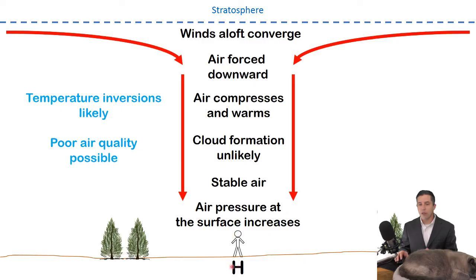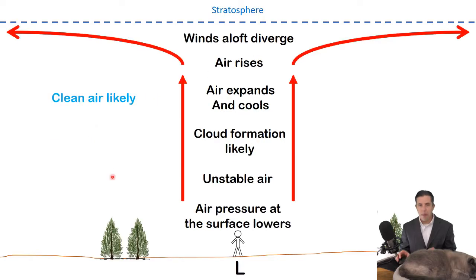If you trap pollution down here, you might have very poor air quality. Now, one day of this, no big deal, but you can have high pressure centers that might be parked over an area for a week or maybe 2 weeks or even more, and that starts to make the air quality really poor. On the other hand, if you have a low pressure, it actually cleans the air out.